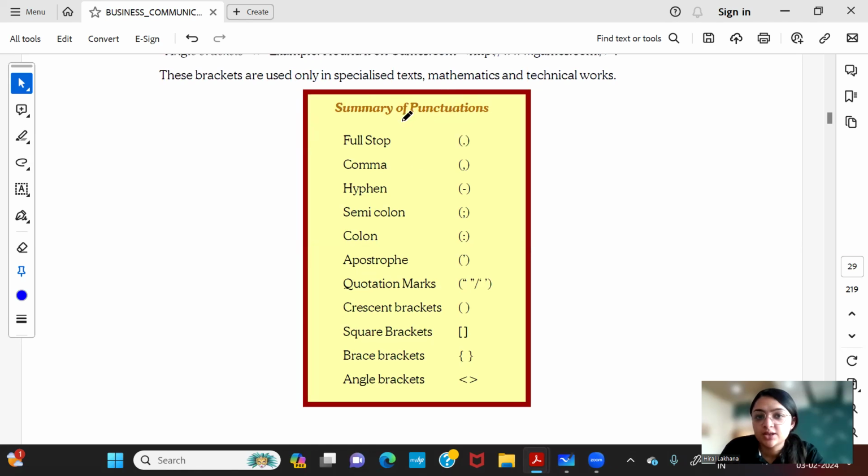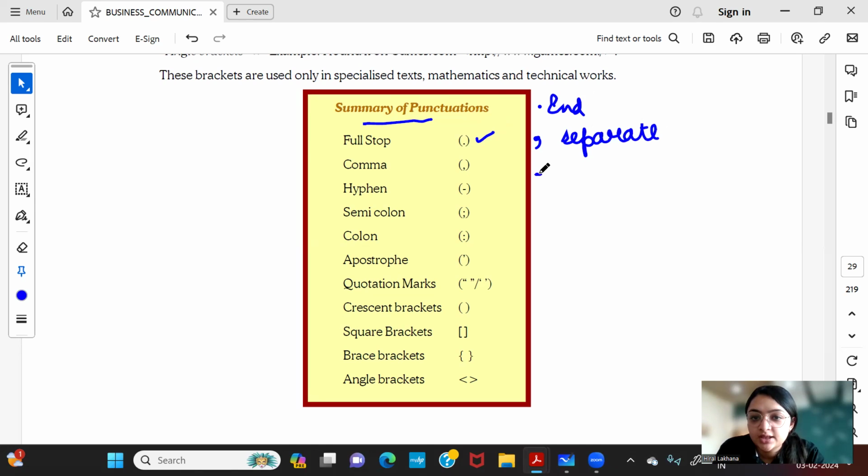So to quickly summarize all the punctuations that we learned. Firstly, we have a full stop. What exactly does a full stop do? It gives us the end of any particular sentence, or it is used after an abbreviation. And then we have comma. Comma helps us in separating words, phrases, or sentences.